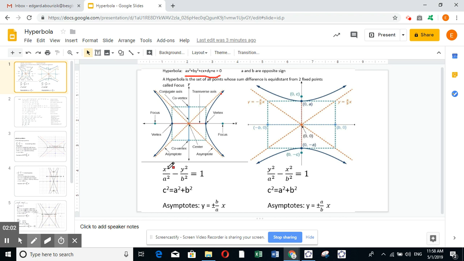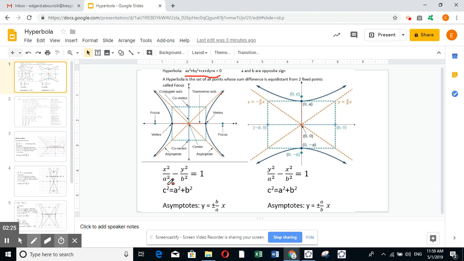In a hyperbola, contrary to the ellipse, we don't look at the denominator. In an ellipse we usually say if the number under x squared is bigger than under y squared, it's horizontal; if under y squared is bigger than under x squared, it's vertical. In a hyperbola, the denominator will not tell us if it's vertical or horizontal. What will tell us?